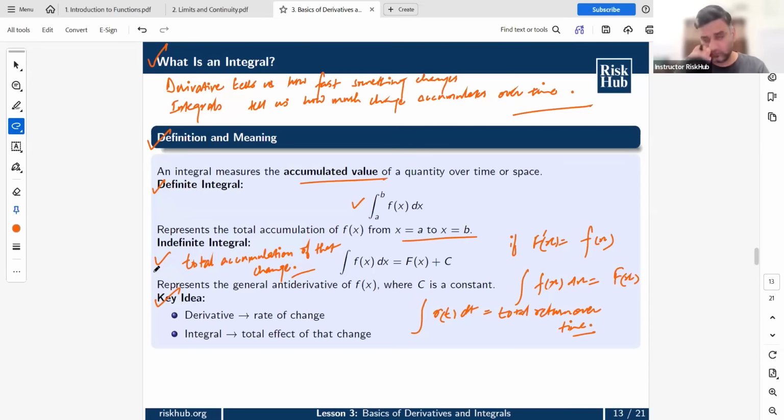If the return is constant, r(t) = 0.05, then for the time period 0 to 1, the integral of 0.05 dt is 0.05, meaning a 5% annual return. It gives you the total effect of that change.